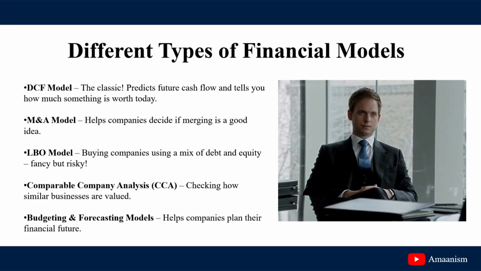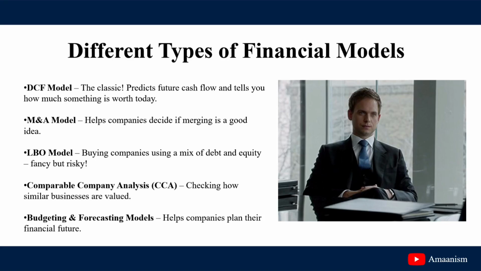So we have the DCF model, in which we do a discounted cash flow model. Then, second, we have the merger and acquisition model. This merger and acquisition model is very famous in investment banking. Whenever a company buys another company, they have to do a merger and acquisition model.